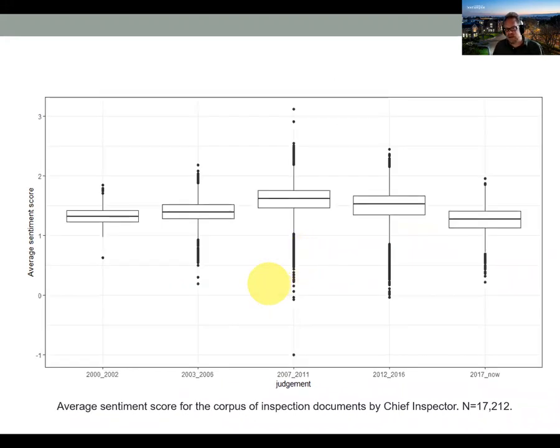And something similar could be seen if you looked at these periods where certain head inspectors were in control. There were differences in the sentiments of these different head inspectors as well. So again, hard to interpret. And I will finish because in the latest analysis there also are lots of caveats and disclaimers, but the point is that manually you would not be able to go through all these documents.